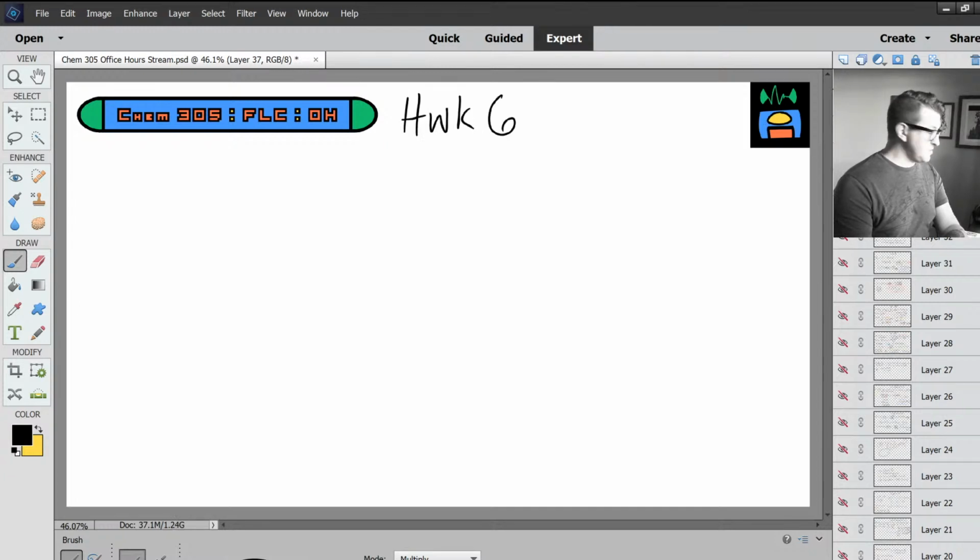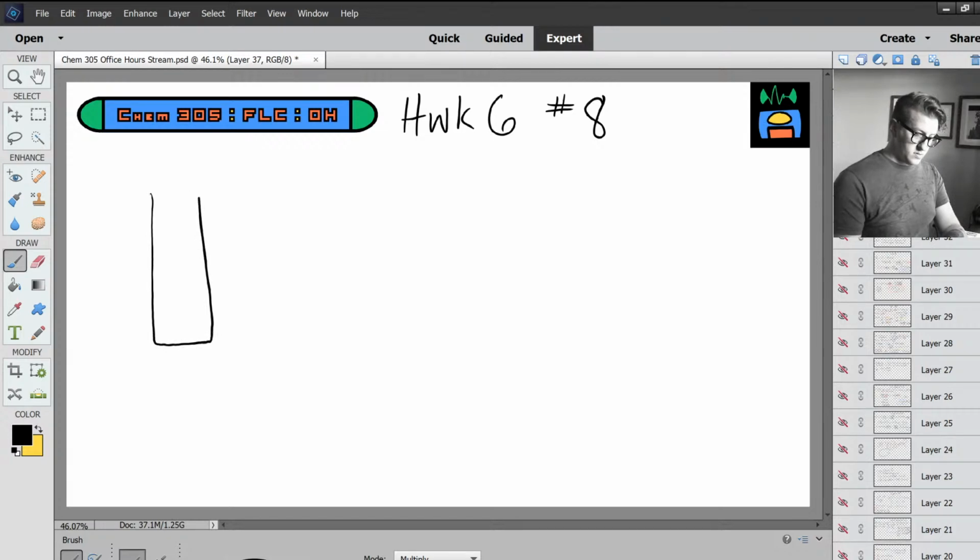So this is homework 6, number 8. So we have a sample of gas containing helium plus neon plus argon. Pressure 1.50 atmospheres.